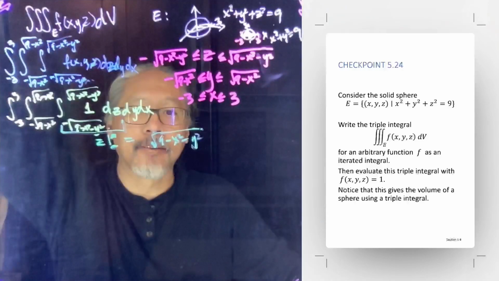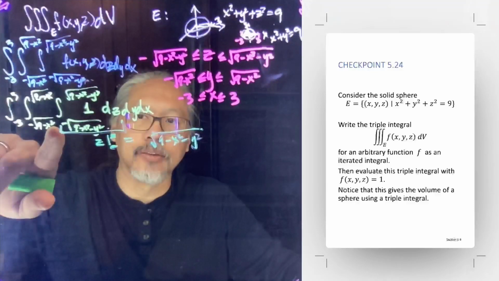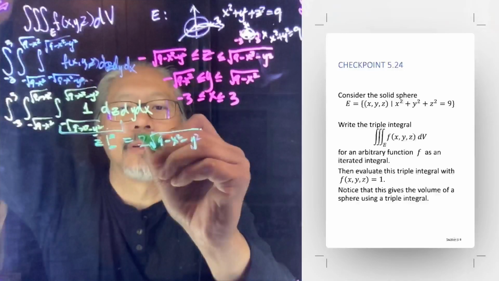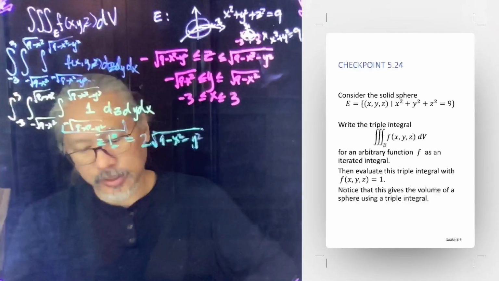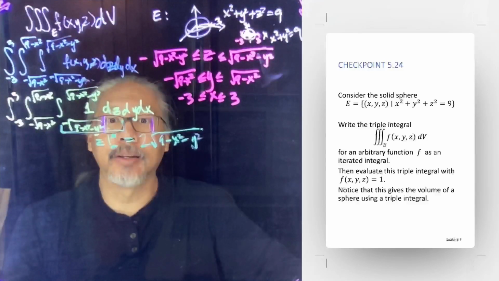And then after that, you're going to have minus negative, so that's going to be a positive, and that's the same thing. So you're just going to double this quantity, and so that is going to be our integrand.